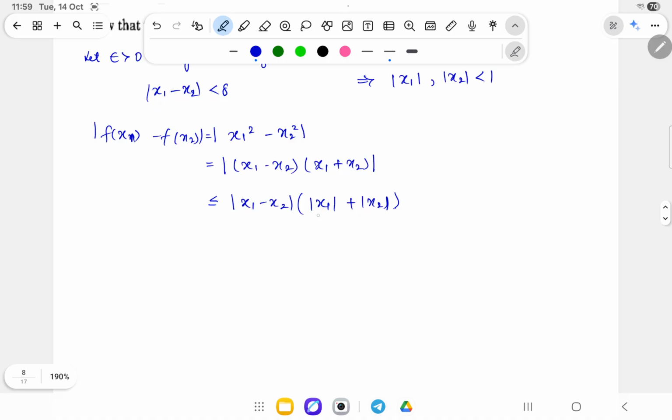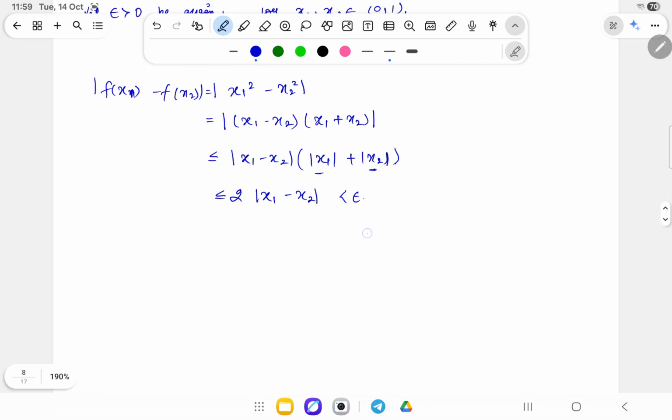And since each is less than 1, this whole term will be less than or equal to 2 times |x1 - x2|. And for it to be uniformly continuous, this should be less than epsilon. So from here I got |x1 - x2| less than epsilon by 2. So I can choose my delta as this.